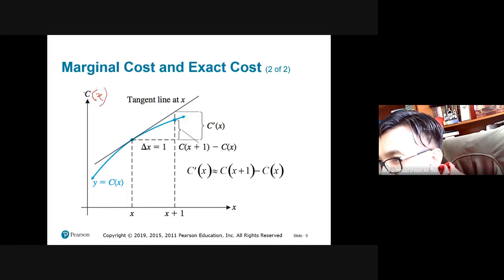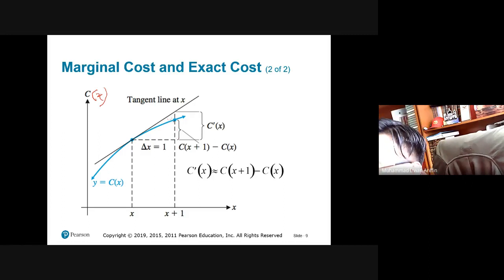The cost function depends on X. As we move to X plus 1, this is the actual change, delta C of X. The change, the actual change. This is the actual.